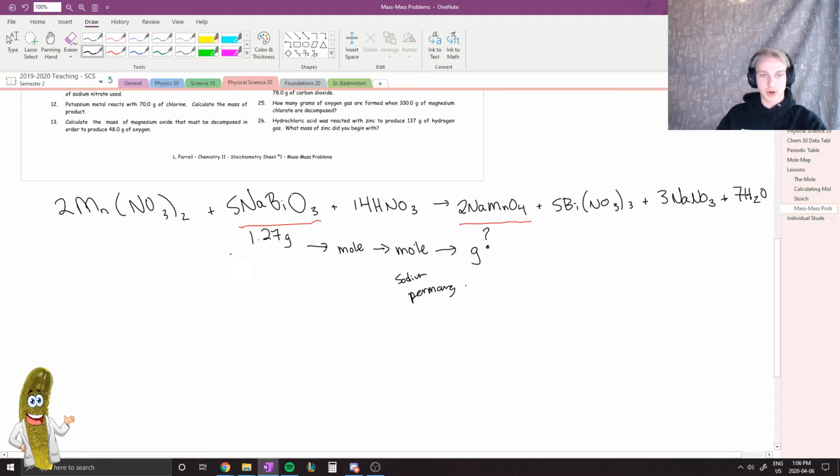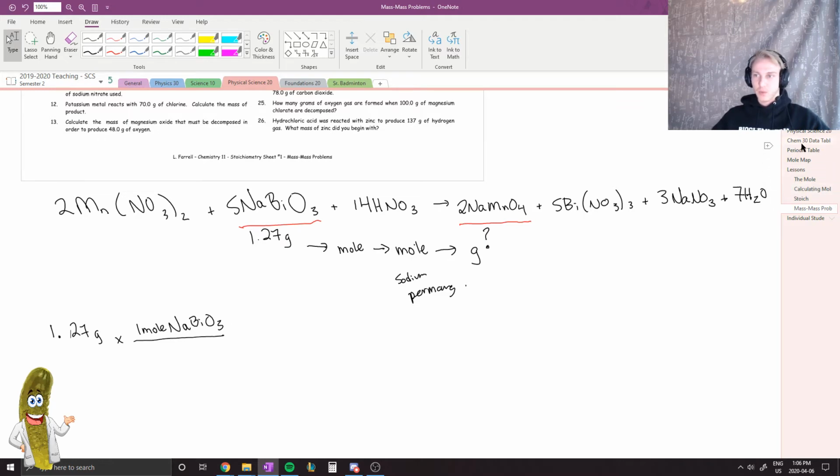The only thing we have a number and a unit for is the 1.27 grams of this sodium bismuthate, and we want to use the molar ratio to convert between these two.